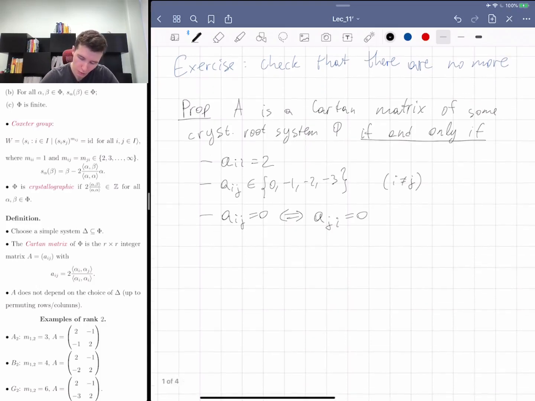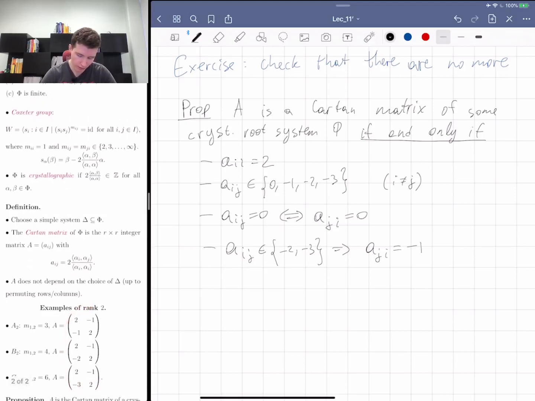Now another condition which comes from the above classification in rank 2 is that if aij is not -1, so if it's either -2 or -3, then the symmetric entry has to be equal to -1, as we saw in all these matrices. If you have -3 here, then the other entry is -1.